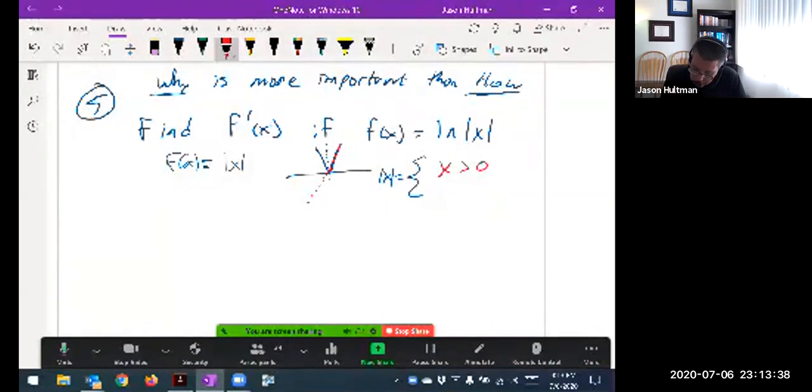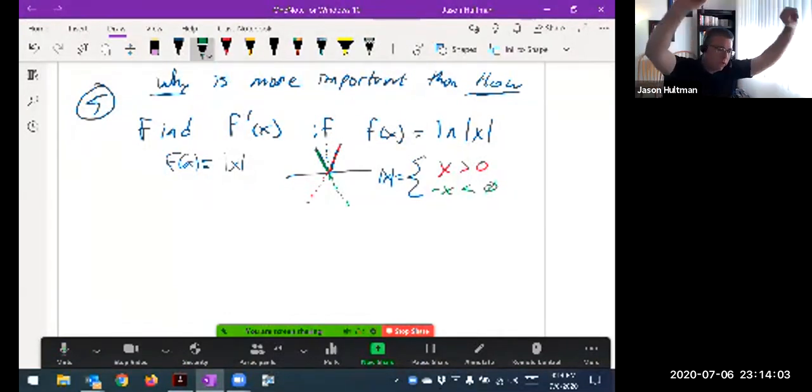But it also is negative x when x is less than 0. So when it's less than 0, it's a negative line. It's a negative slope of -1, right? So that's what that means.